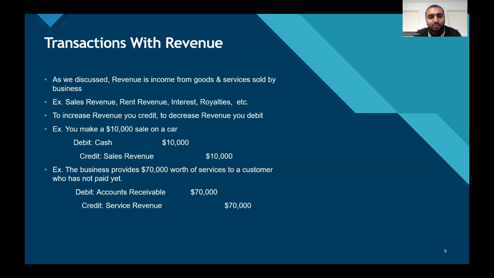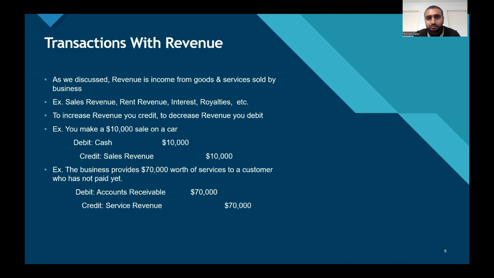Or not their obligation, it could also be on credit, but essentially we are promised a payment in the future. So that goes into the accounts receivable for $70,000. So that increases since assets are increased by a debit account, and we credit service revenue for $70,000.